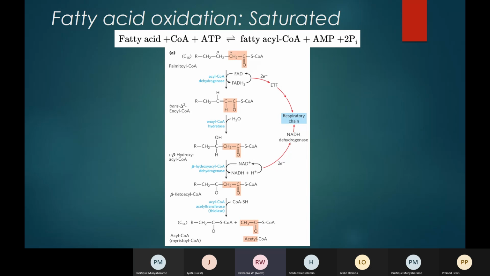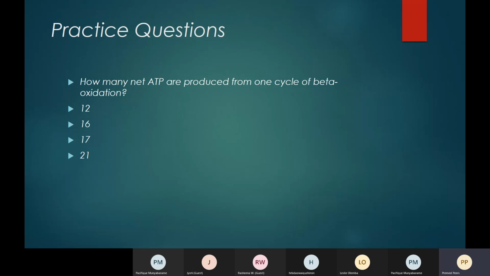Is it 12.5? 12.5. You know, that's the average. And that comes from 3 NADH. These are exact numbers. You get 3 NADH, 1 FADH, and you get an ATP already made. So if you multiply all that out, the maximum would be 17, but it would be less than that.